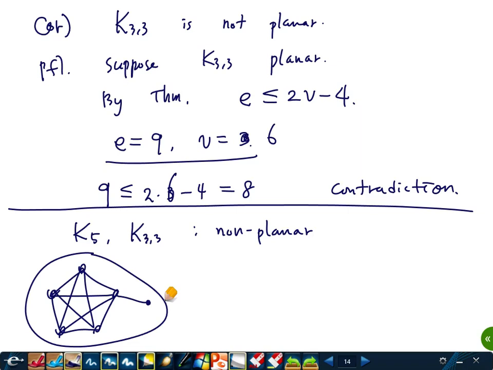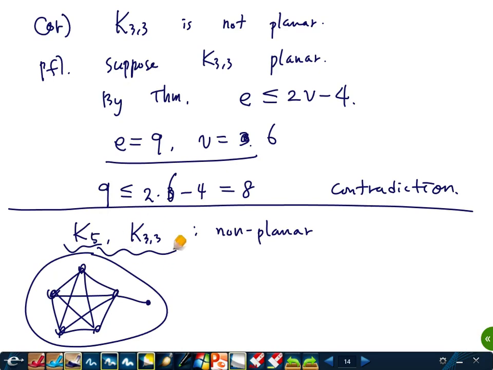So there are infinitely many non-planar graphs in this sense. But interestingly, these two are, in some sense, the essential non-planar graphs. In other words, every non-planar graph must contain one of these.